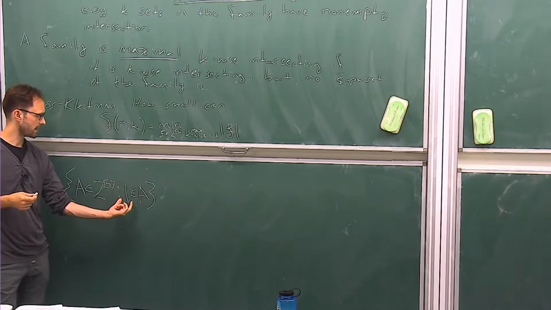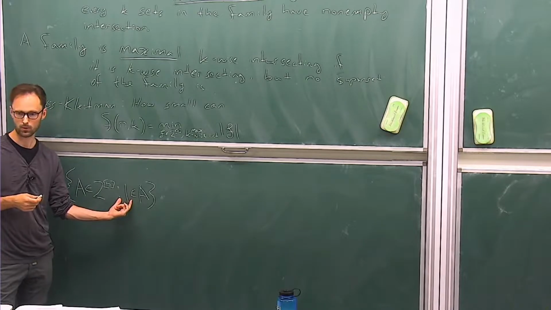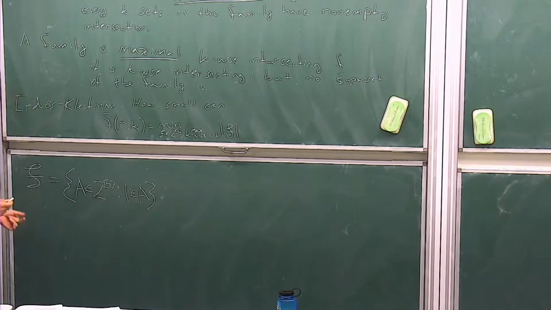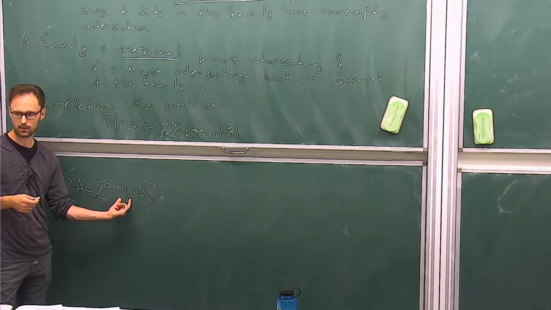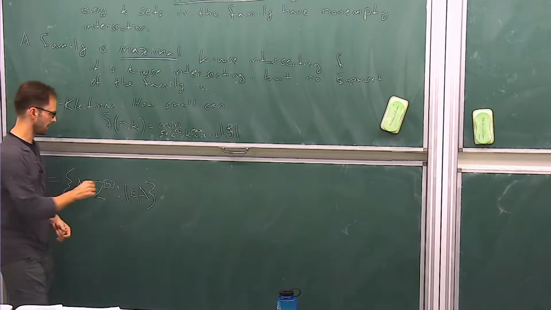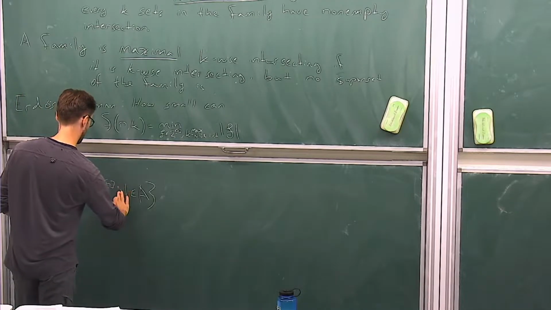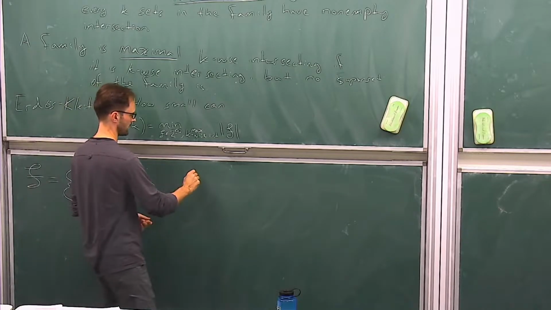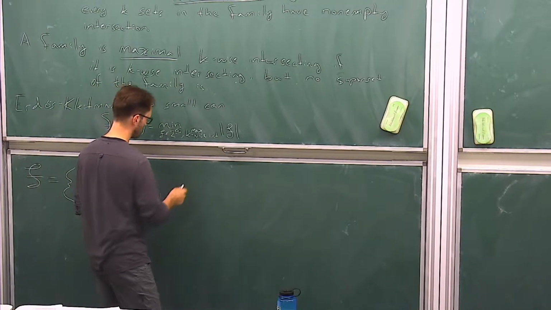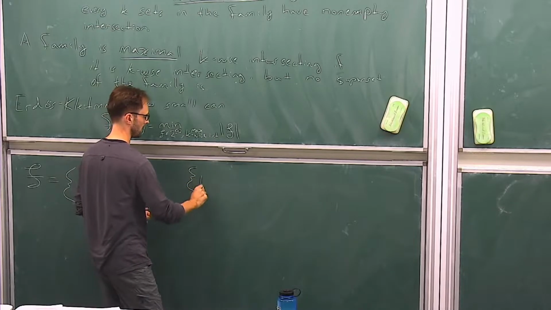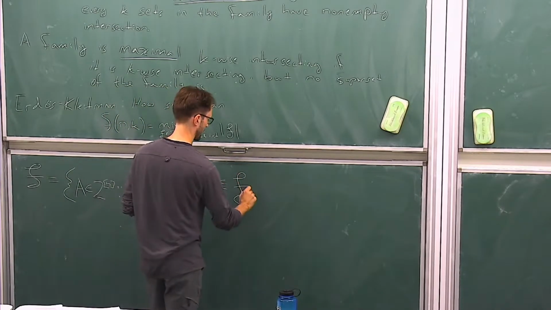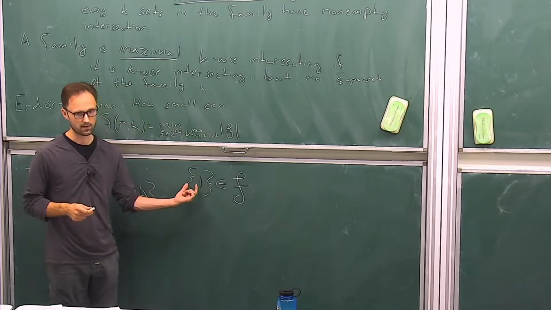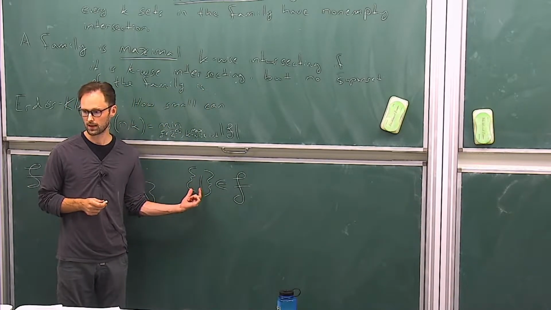Because if you choose any k elements, they contain the element 1. It's k-wise intersecting, and it's maximal k-wise intersecting because the set that contains only the first element is in F. So any set that doesn't contain 1 will be disjoint from this set.